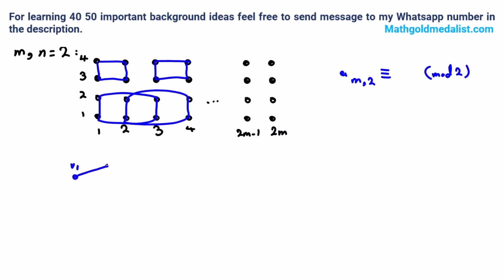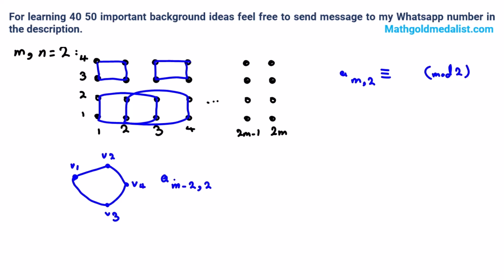Column 1 and column 2 are related because this part is connected. Column 2 and column 4 are connected. Column 4 and column 3 are connected to each other, and column 3 and column 1. Okay, and then the rest will be what here? Will be A(m minus 2) because we removed 4 columns and 2.